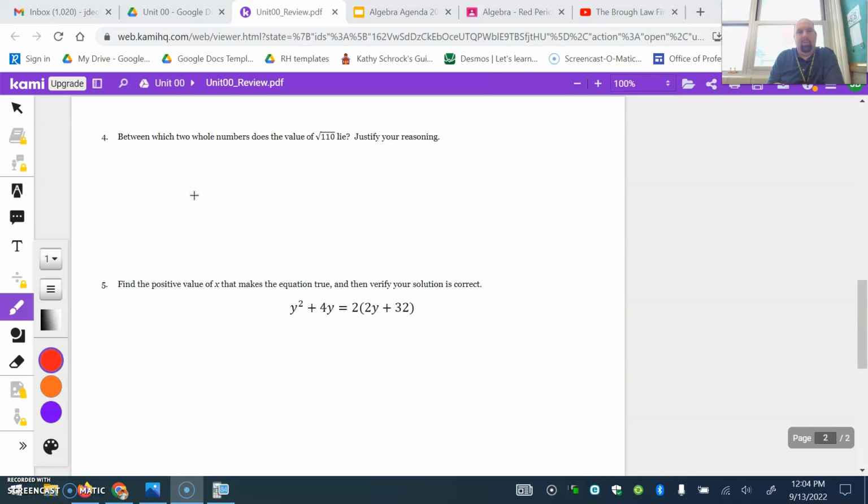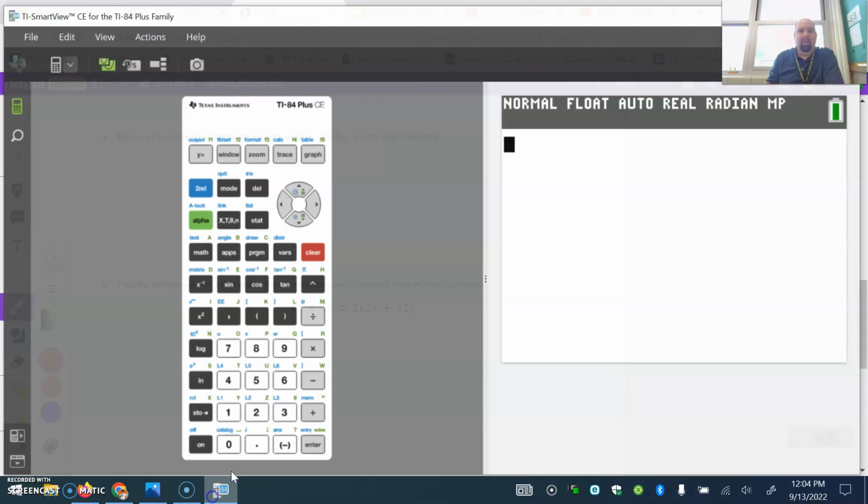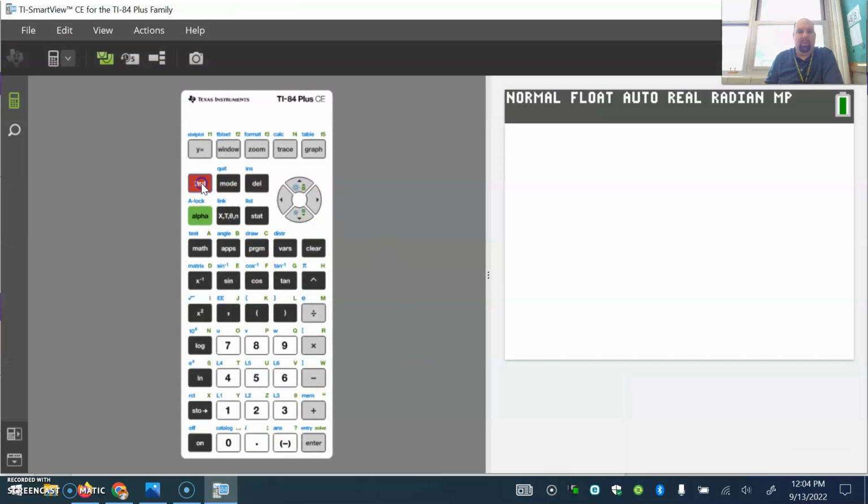Okay, here we are. Between which two whole numbers does the value of the square root of 110 lie? Justify your answer. Or reasoning, sorry. So some of you probably are going to go to your graphing calculator and plug in 110 and get an answer. 10.4880. Okay, good.